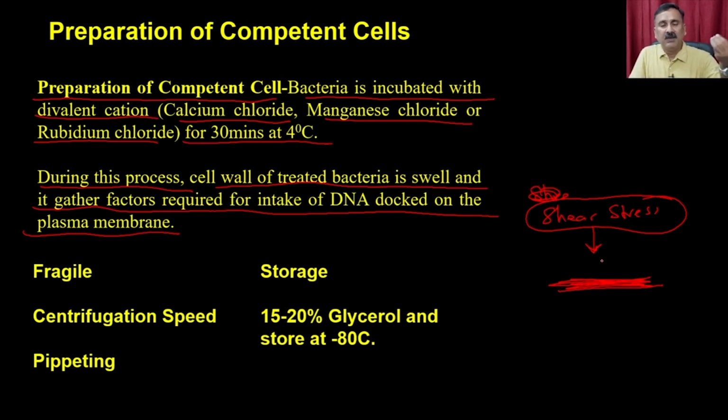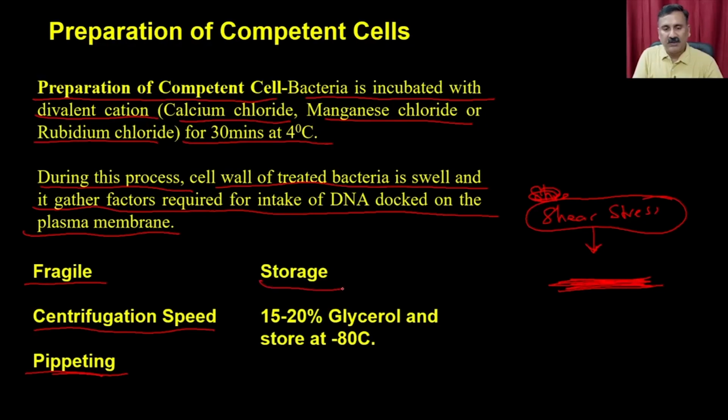For example, if you spin them at a very high speed, you will probably lyse the cells. So these competent cells are very fragile. You cannot run them at very high speeds, and you also cannot pipette vigorously. For example, if you pipette a lot with thin bore tips, it is going to destroy the cells because it lyses them.